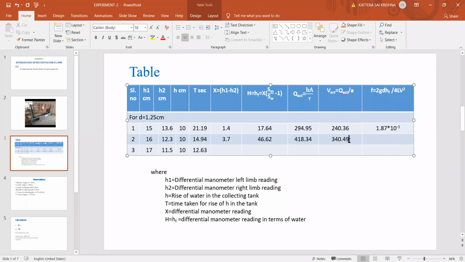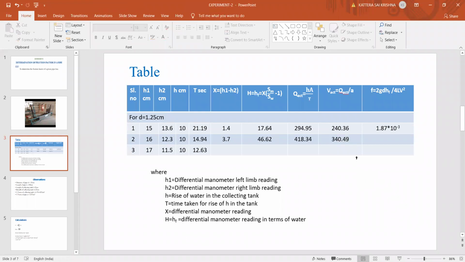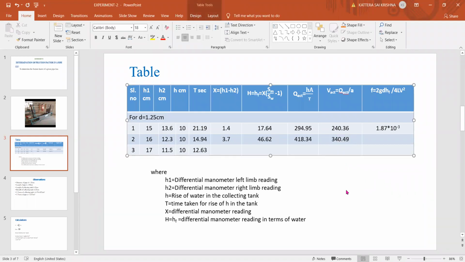Okay. Anybody with different answer here? 340.94, sir. Then why are you telling reversely? Now check your answer. Is it 94 or 49? It's 94 only, sir. 94. Confused? Okay. Next.